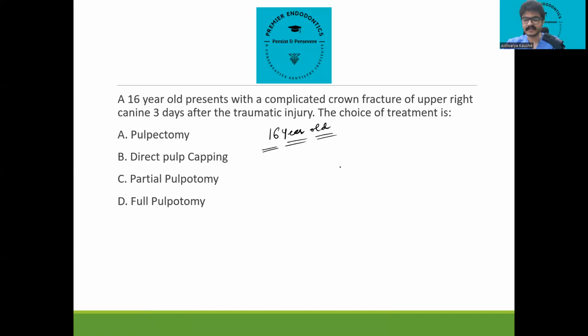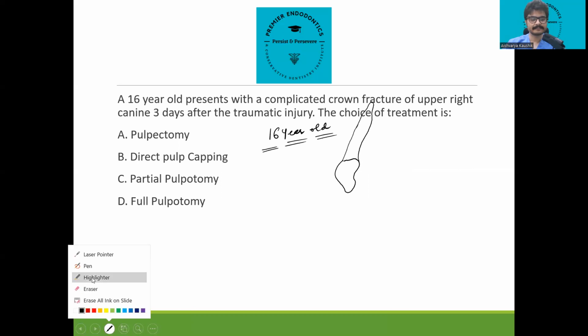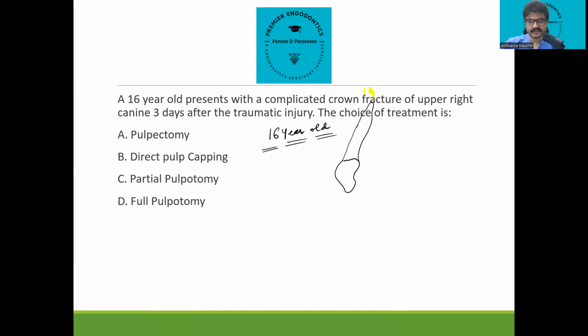So if I'm taking the sagittal or the proximal view of this tooth, let us say this is the labial surface, right? And the root of the canine, it is complete. This is our most important point here. So let us just highlight this area. The root maturation has completely taken place.